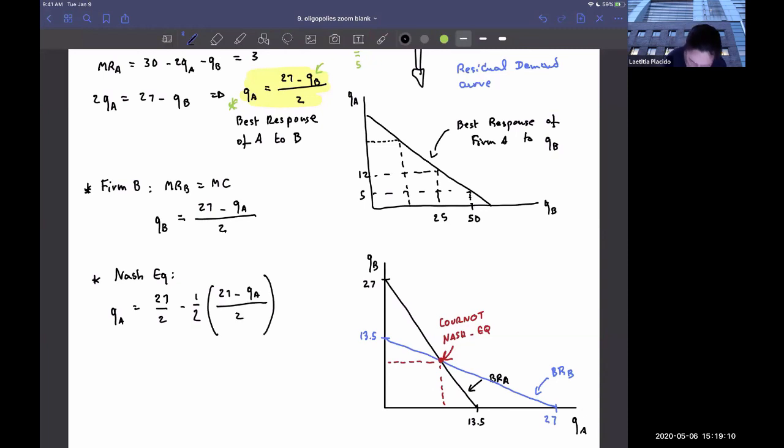So QA is 27 over 2 minus 27 over 4 plus QA over 4.